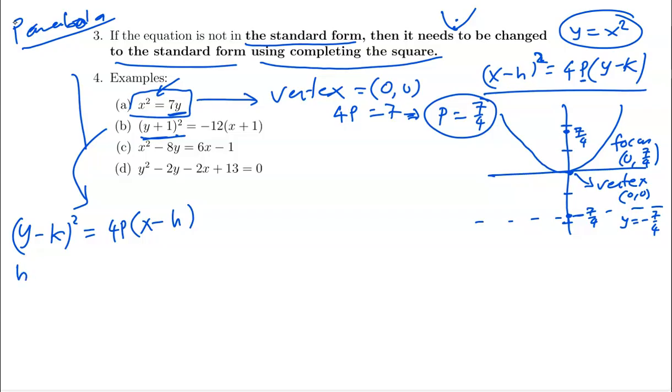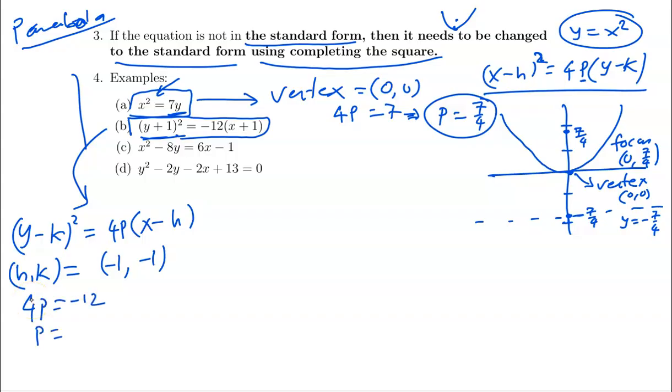So your h, k is your vertex, and in this case, x plus 1 means h is negative 1, and your k is also negative 1. And for p, 4p is negative 12, so p should be divided by 4, so negative 3.